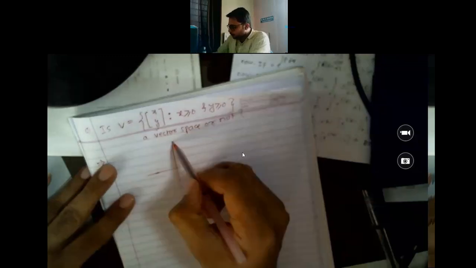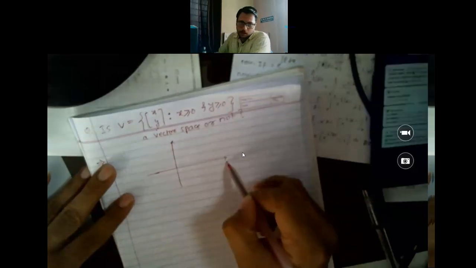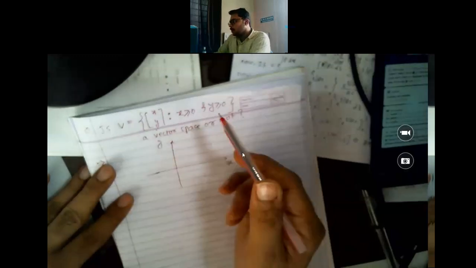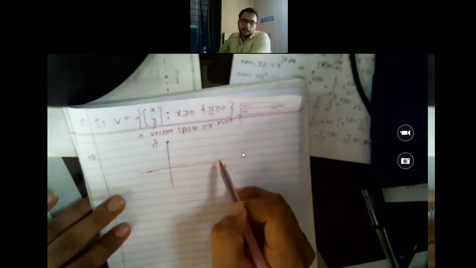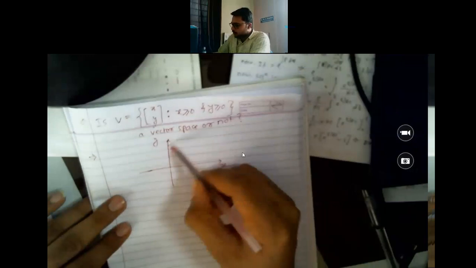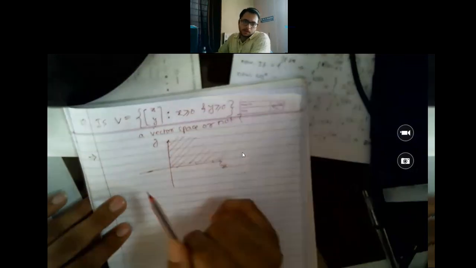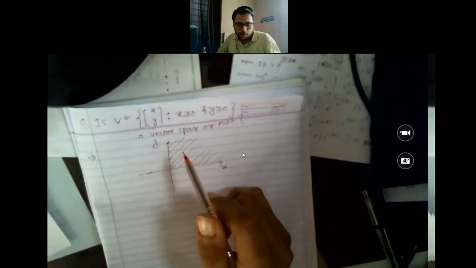So let's take this as x and this as y, with x greater than or equal to 0 and y greater than or equal to 0. That is why this will be the space, because both are positive only in the first quadrant.